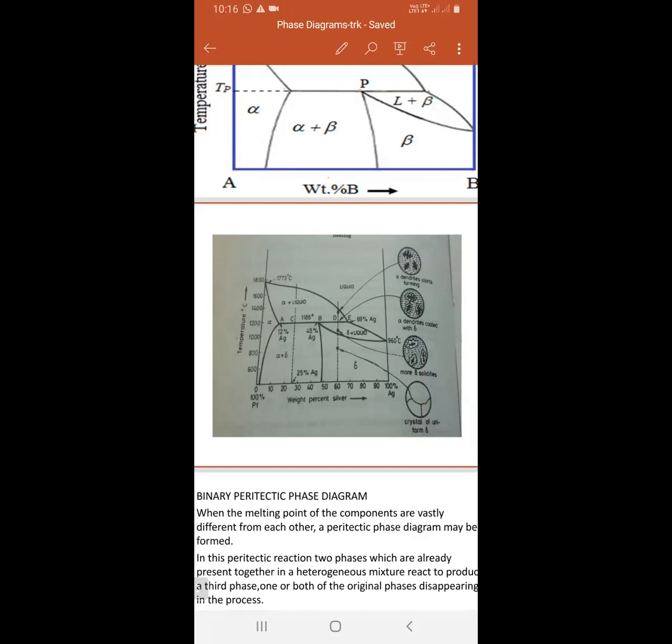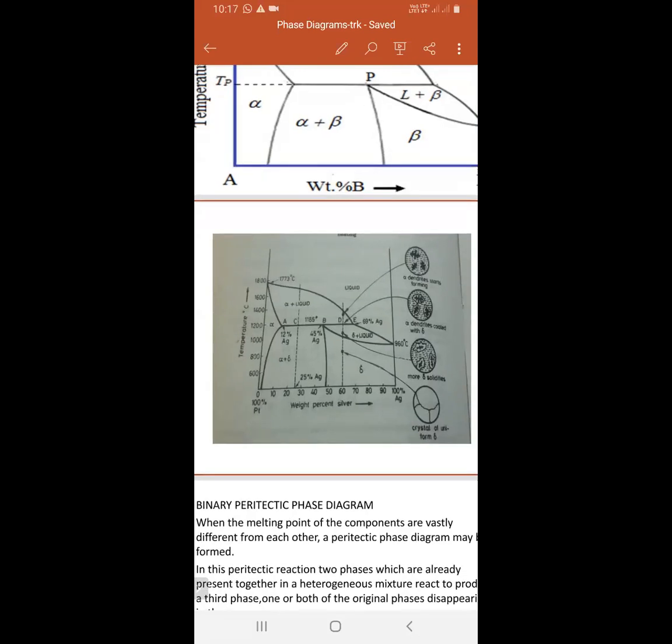When it starts cooling, at point D it becomes first liquid plus alpha, that is a solid alpha solution.